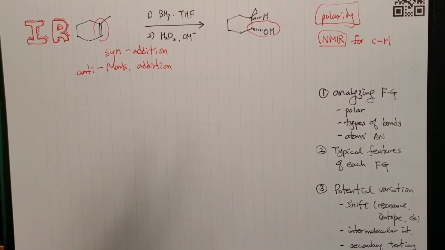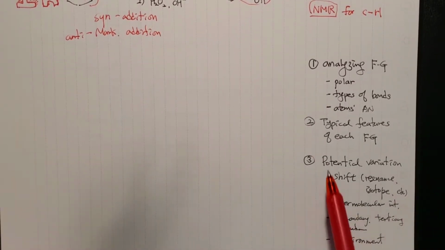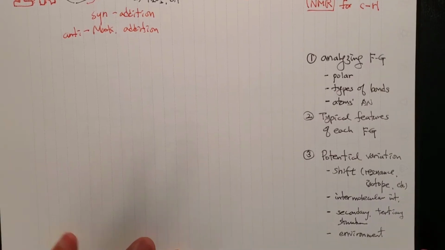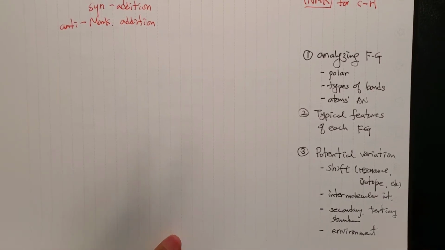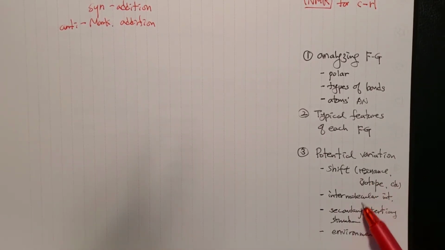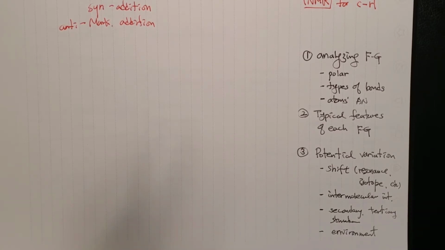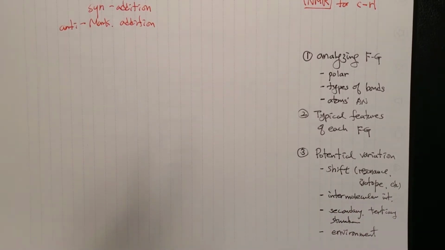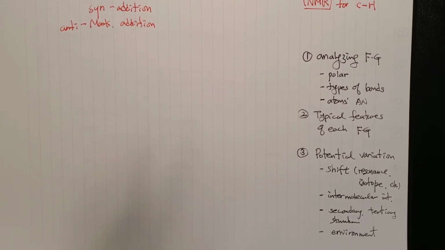Also, in some cases you have to expect potential variations on those peaks, even the trustable strong peaks. The signal can shift on the x-axis, potentially due to the resonance, or isotope changes replacing certain atoms, etc. Also, the intermolecular interaction is able to change shift or broadness or even intensity of signal.